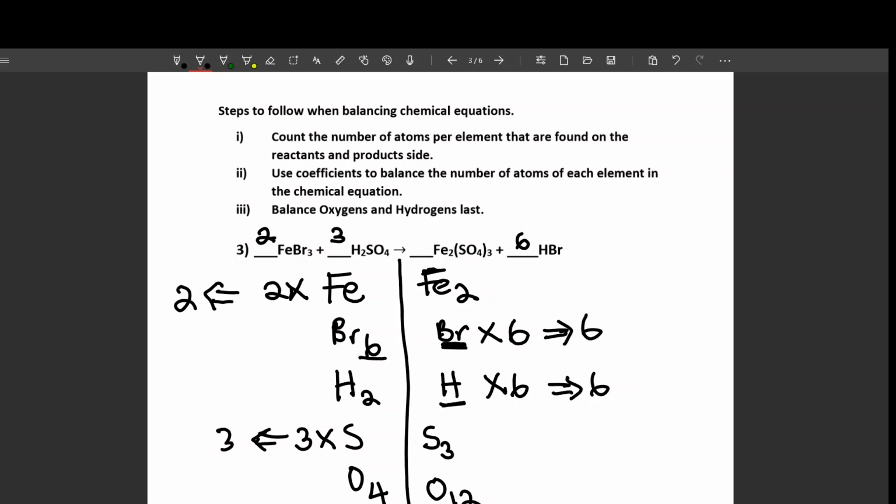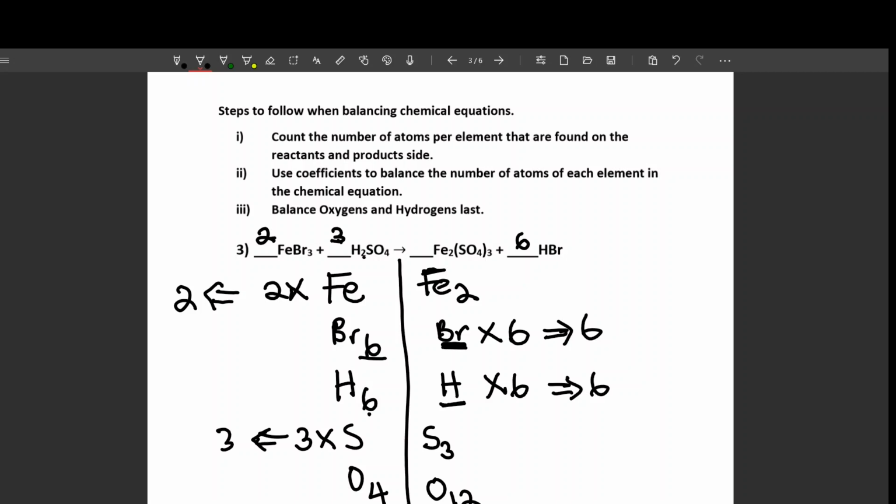So let's see how that changes things. Instead of having 2 sulfurs as I did earlier, I now have 3 times 2 sulfur. Instead of having 2 hydrogens as I did earlier, I now have 3 times 2, 6 hydrogens in total. Sorry for the confusion there. Let's look at the oxygen.